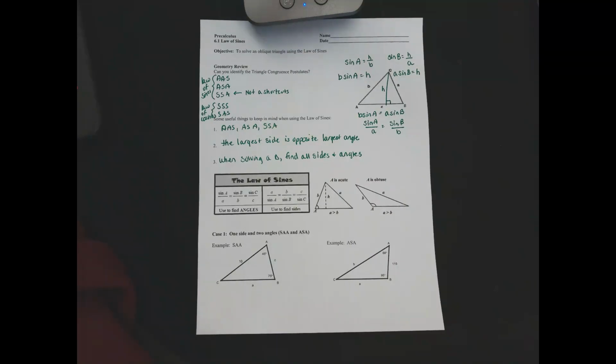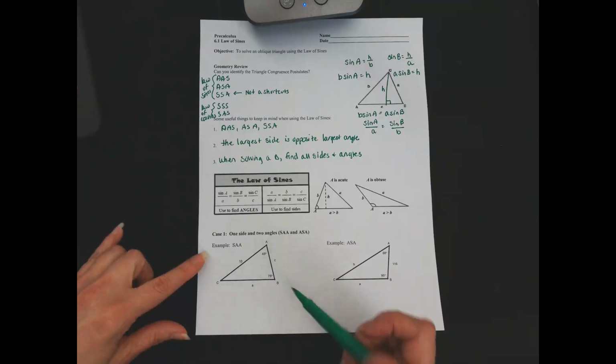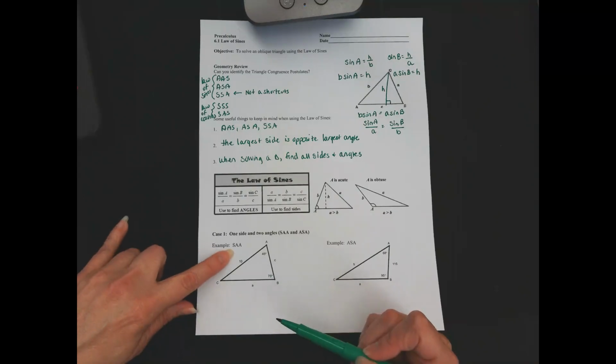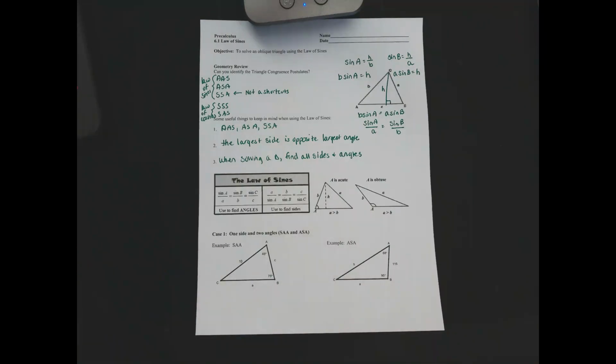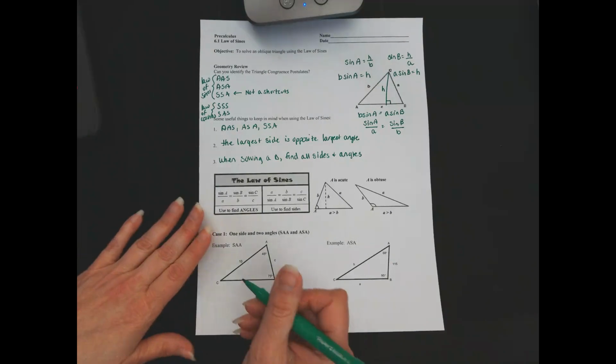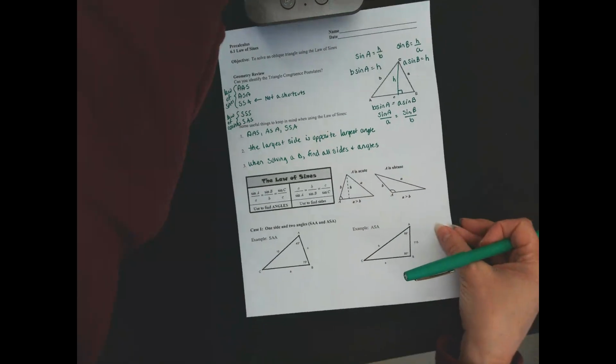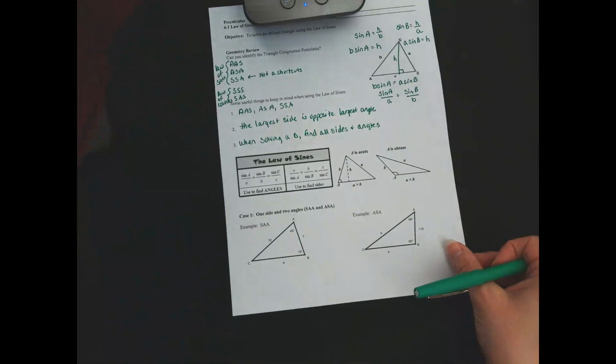Alrighty, so let's see how this rolls with the angle, side, angle situation. If I'm looking here, I do have an angle, this angle B, and a side across from the angle, which means I know I can use my law of sines. I tend to always put my angles on top.